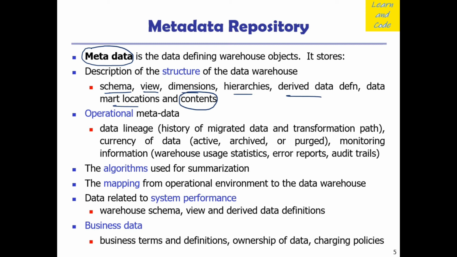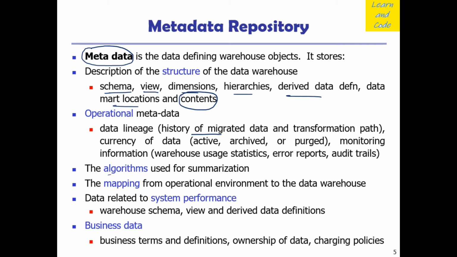What is the history of migrated data, from where we have got the data, and for how long the data has been stored. Each and every piece of information about the data stored in the data warehouse is in the metadata repository.